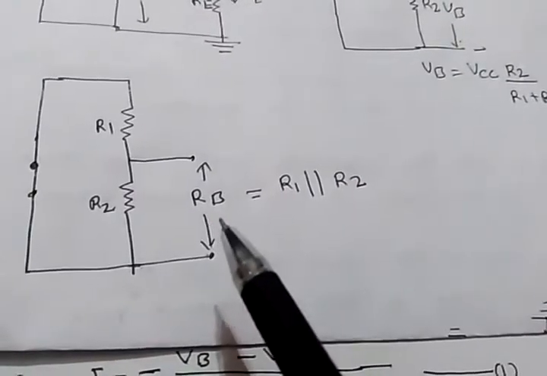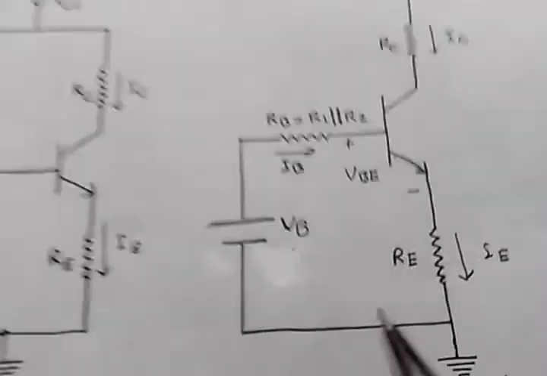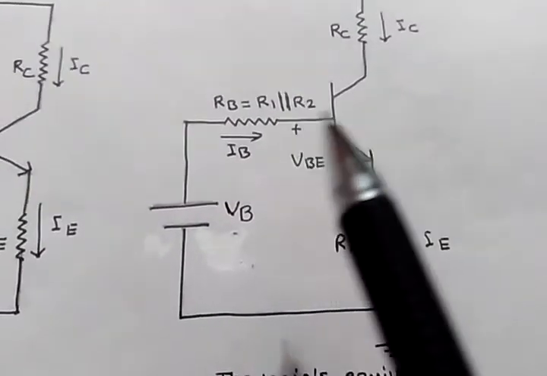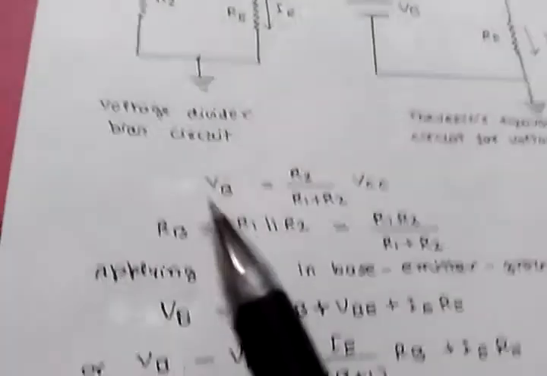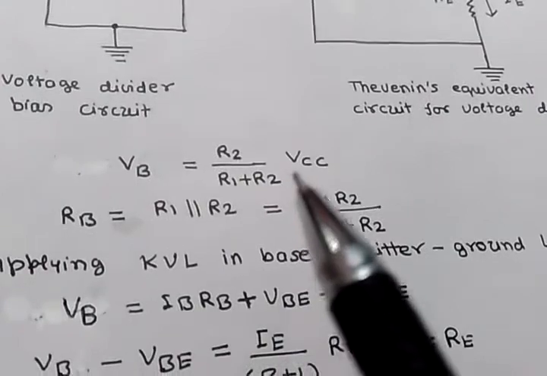So we can calculate RB as R1 parallel R2. In this way, in this Thevenin equivalent circuit, RB will be R1 parallel R2 and VB will be R2 upon R1 plus R2 into VCC.